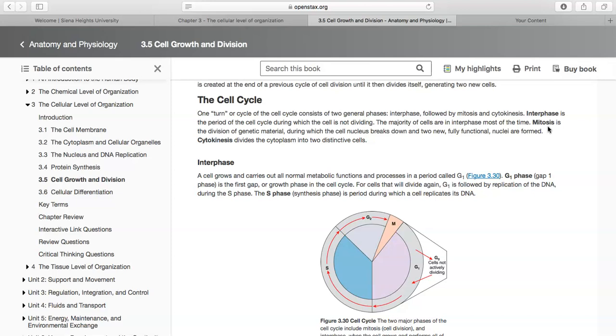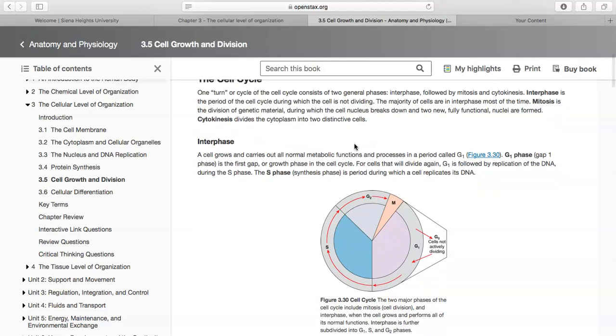Mitosis is the division of the chromosomes, the genetic material, and everything else that the cell needs to form into two identical, fully functional cells that are exact copies of each other. And then lastly, cytokinesis is when the cytoplasm is cut in half and we finally get two distinctive cells.